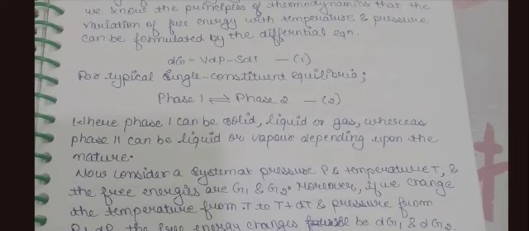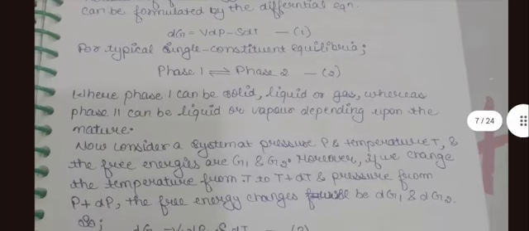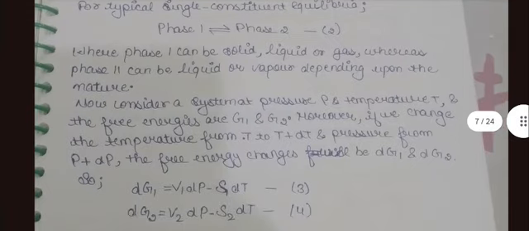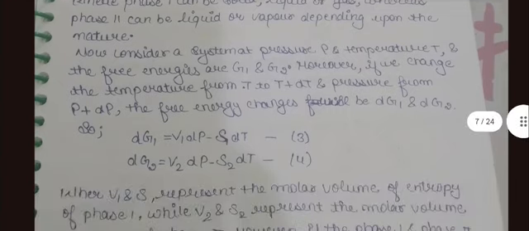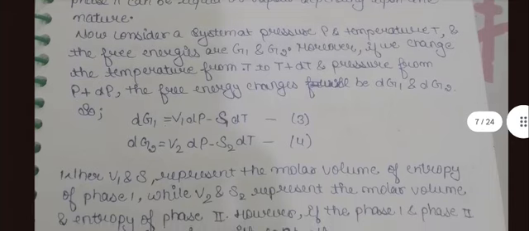For the typical single constituent equilibria, phase 1 is in equilibrium with phase 2, where phase 1 can be solid, liquid or gas, and phase 2 can be liquid or vapor depending upon the nature. Now consider a system at pressure P and temperature T, and the free energies are G1 and G2.